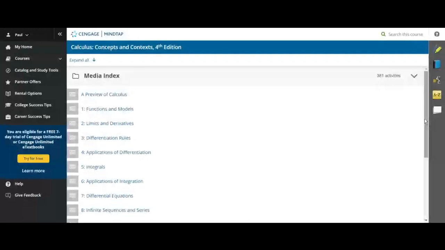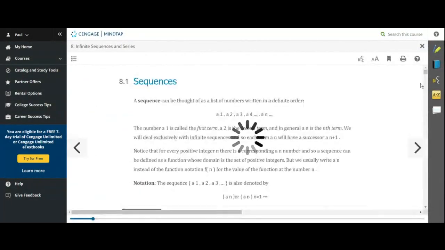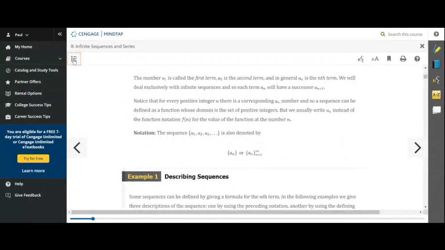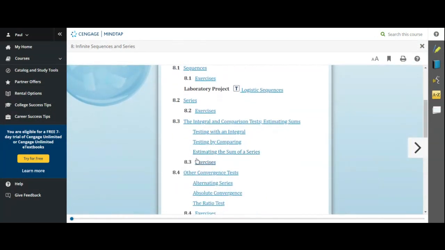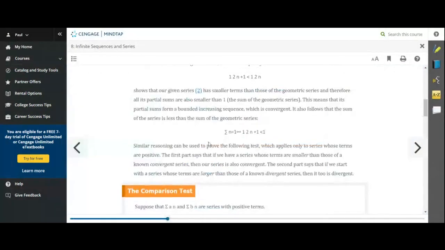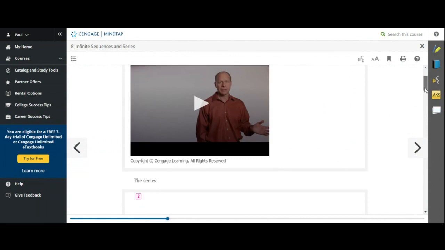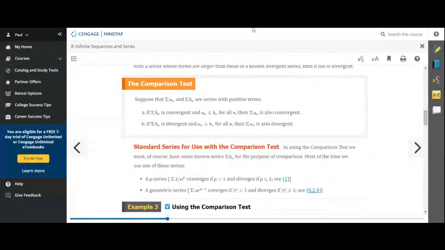And I want to show a comparison test, the formal test itself, the theorem. Testing by comparing. This is the comparison test right here.